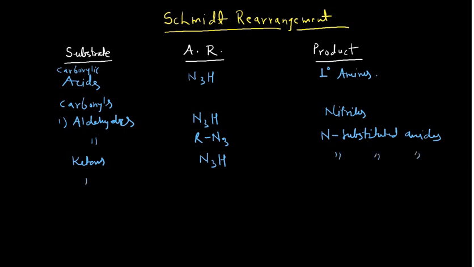And if you again have the ketones and you are having your alkyl azides, then you may end up with N,N-disubstituted amides, that means the substitution would occur on the nitrogen twice. So it's better to write only one N, so I can remove this one.